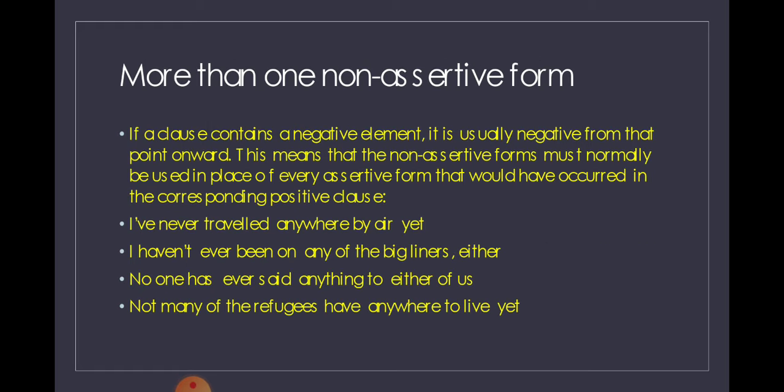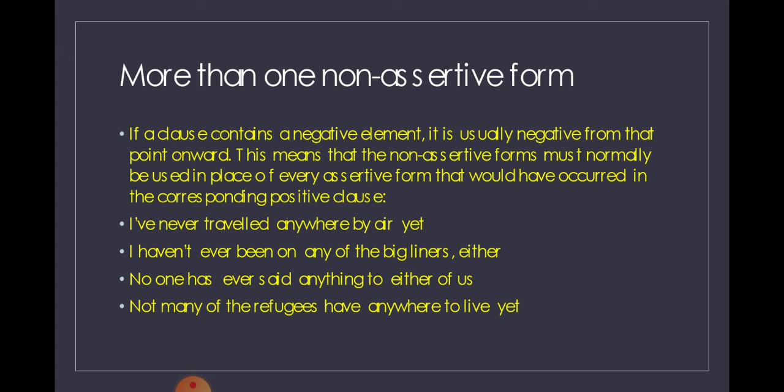More than one non-assertive form. If a clause contains a negative element, it is usually negative from that point onwards. So the sentence from the point of negation, the word or the morpheme that indicates negation, affects the sentence from that point onward. Whatever comes after that negative morpheme or word could be considered negated.